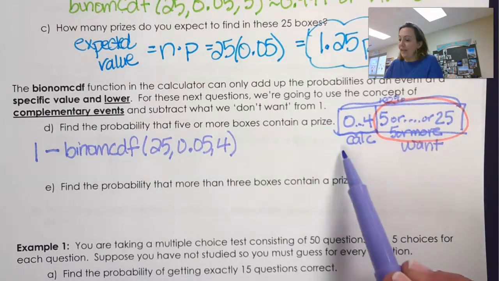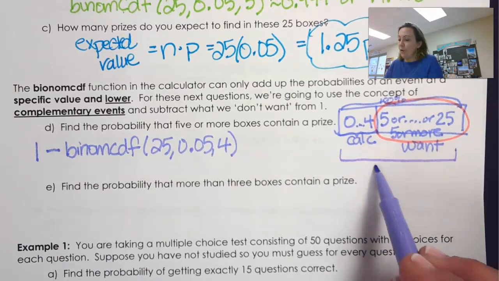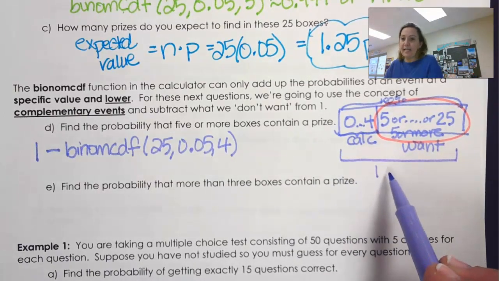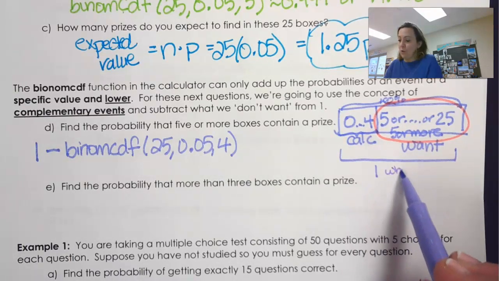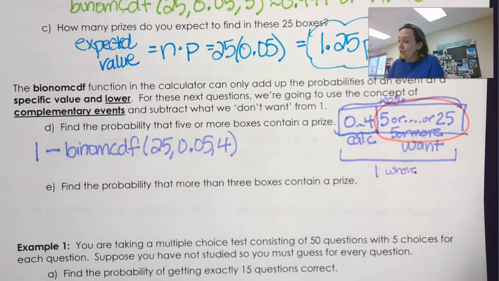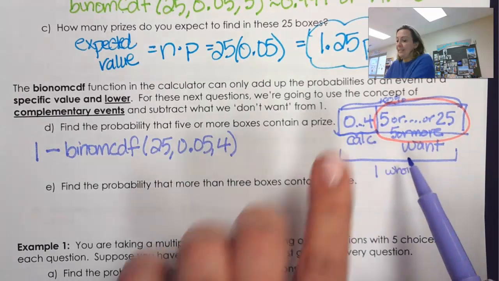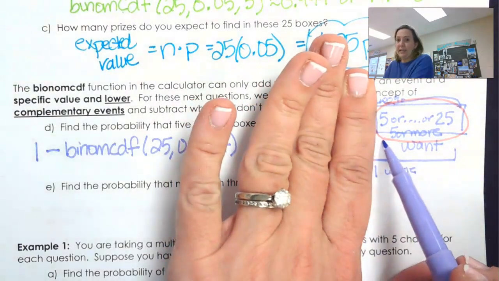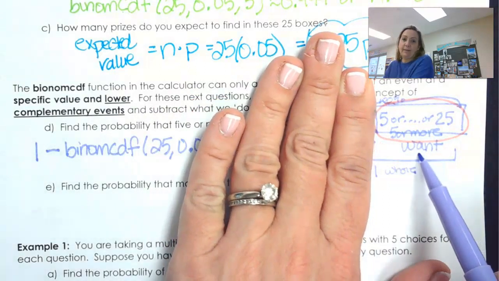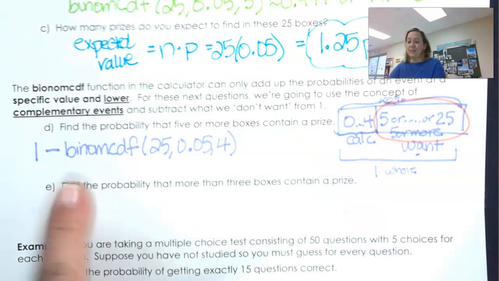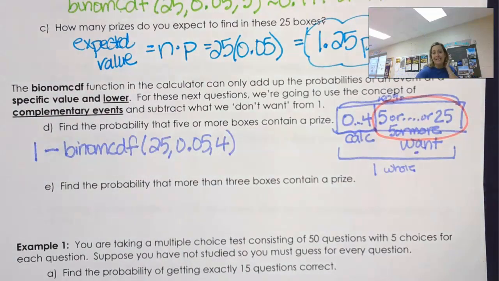And this whole thing is equivalent to 1 whole, right? 100% is 1 whole, essentially. So we can take the 1 whole minus what the calculator gives us, and then that's what we want, okay? That's what this represents here: 1 minus the binomial CDF of 25, 0.05, 4.